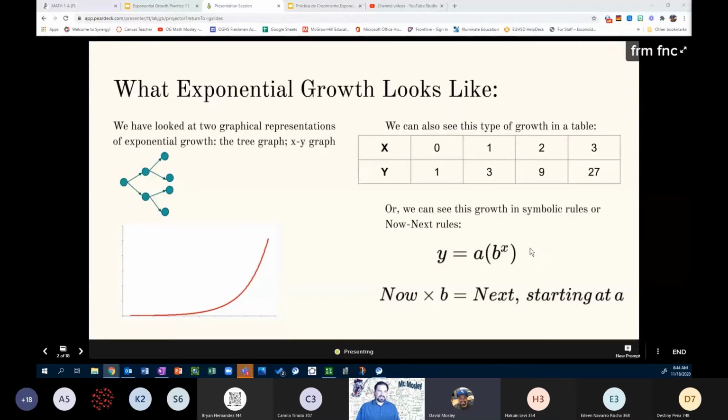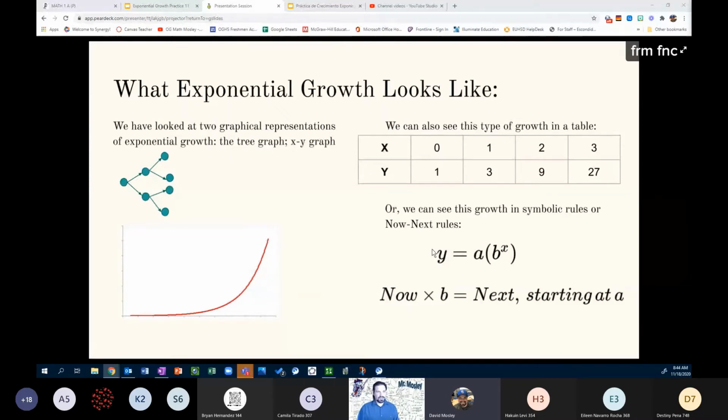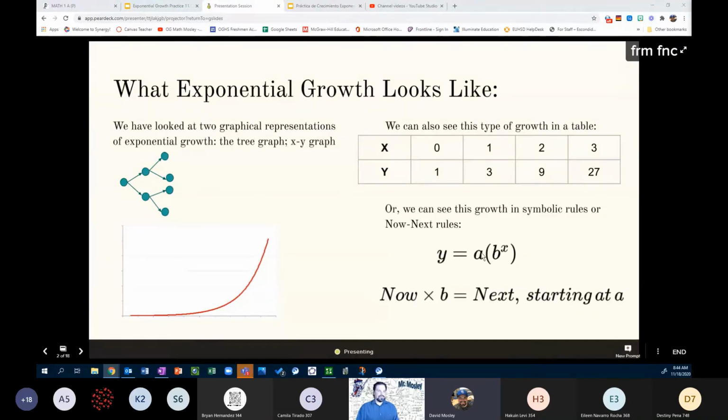We can also see this growth in symbolic rules, or now-next rules. We have our basic base formula for an exponential function: y equals a times b to the x. Whenever we write a letter right next to something within parentheses, that implies multiplication. And we have now times b equals next, starting at a.